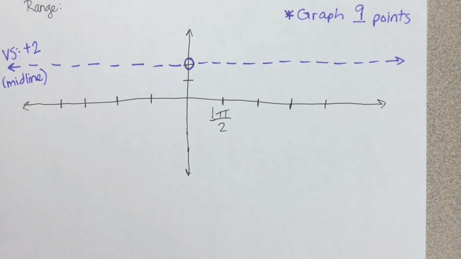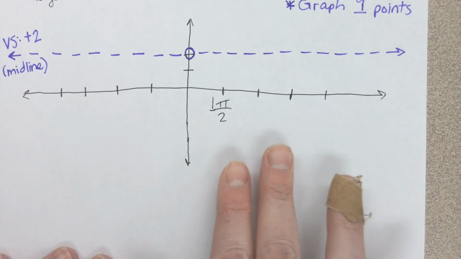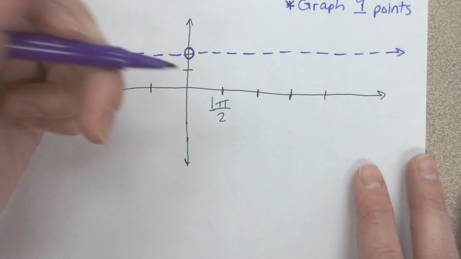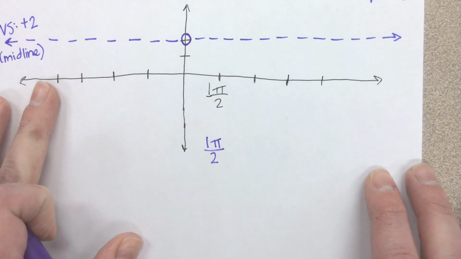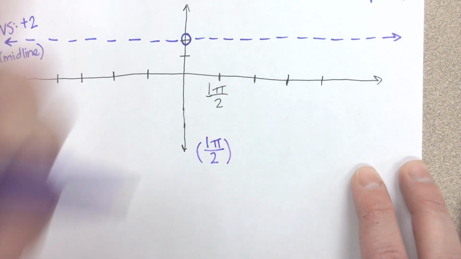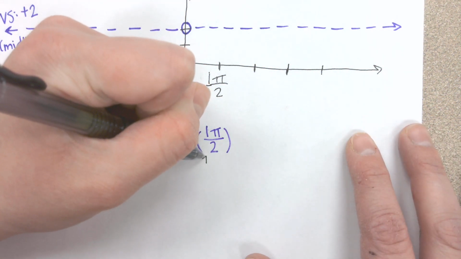And because this is going to involve fractions and reducing, in my experience, it's been helpful when I've written out the unreduced fractions at the bottom so that students can keep track of what I'm doing. So I start with 1 pi over 2 because that's my interval number.